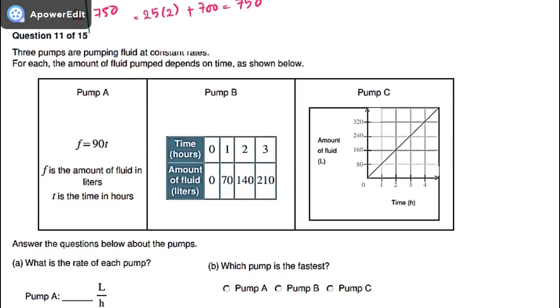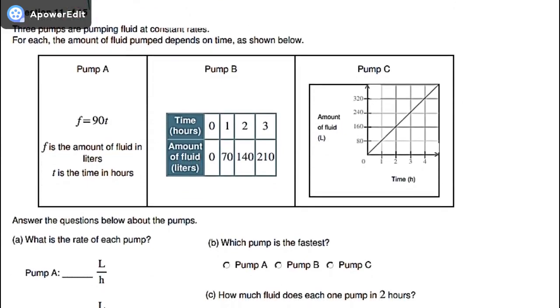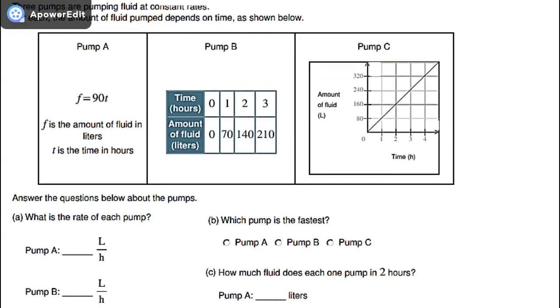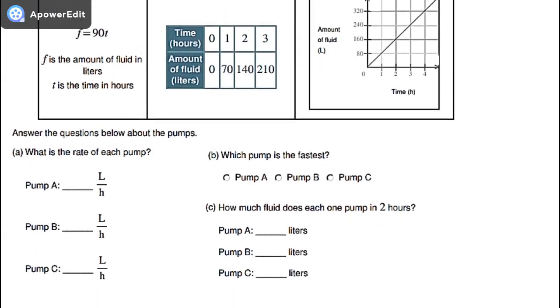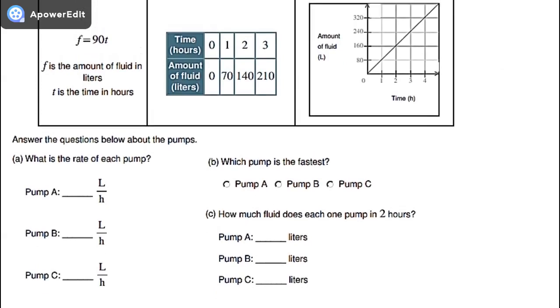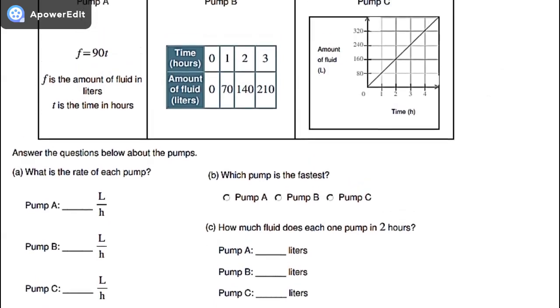Alright, problem 11. 3 pumps pump fluid at a constant rate. For each, the amount of fluid pumped depends on time, as shown below. So they give you 3 different forms. One is an equation, one is a table, the other one is a graph. Answer the questions below about the pumps. What is the rate of each pump and which is the fastest one?